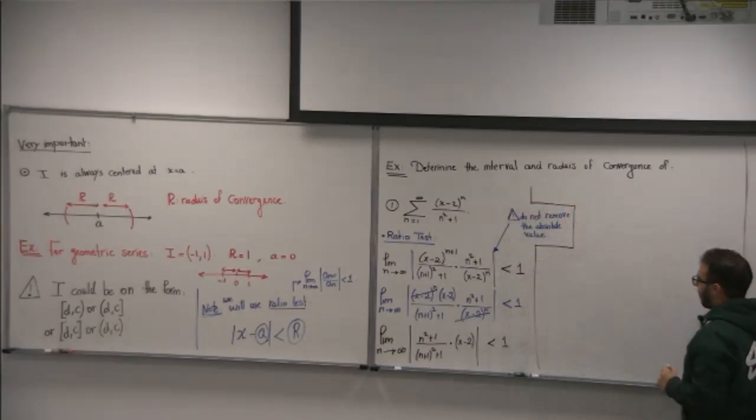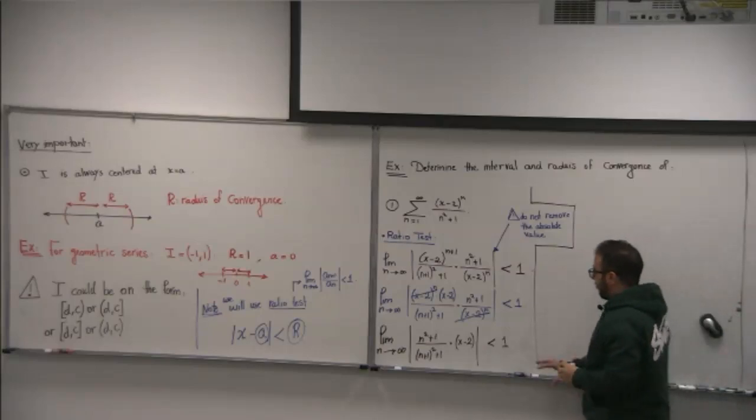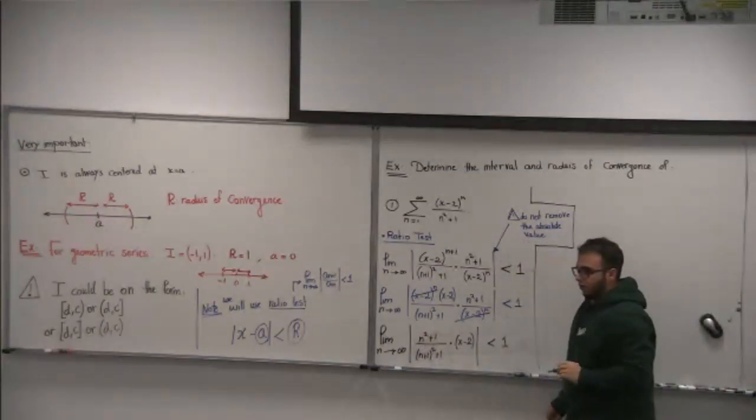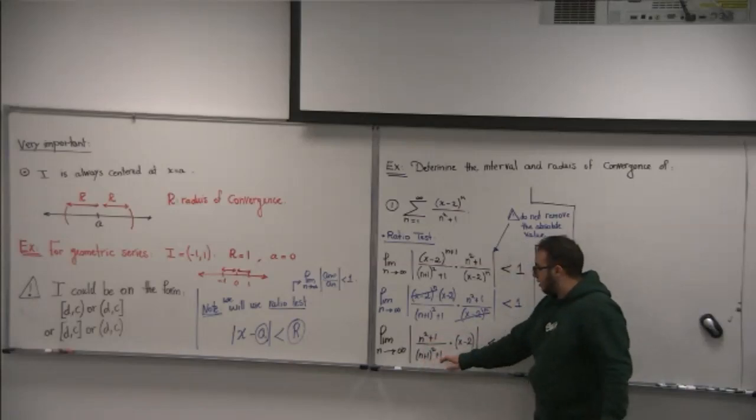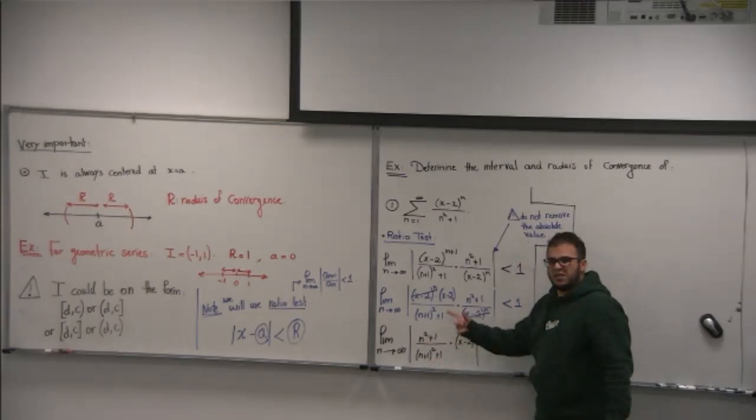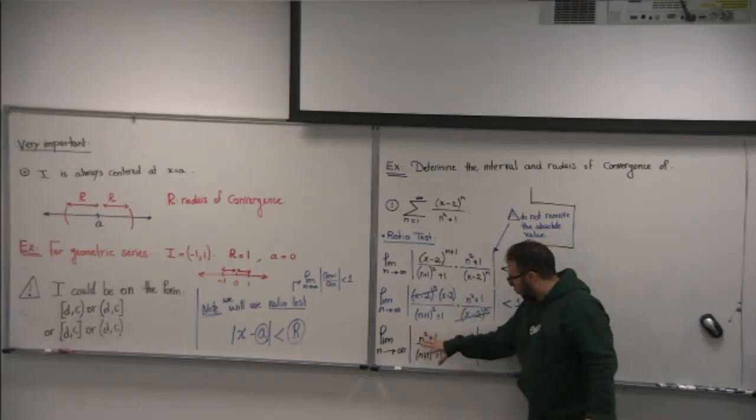So now I have to evaluate this portion of the limit alone. If you look at it, it's n squared plus 1 over n squared plus 2n plus 1 plus another 1. But you know, these limits are polynomials, so you can take the leading powers. So you have n squared here and n squared here.